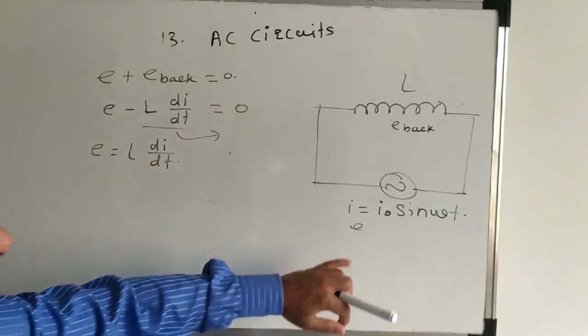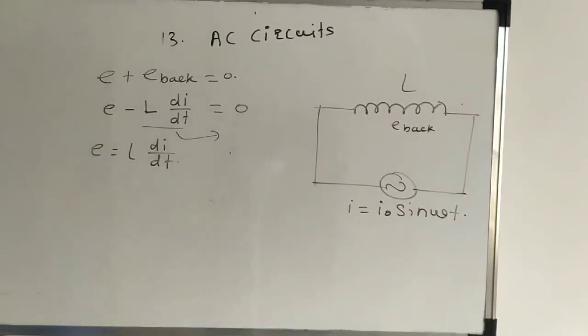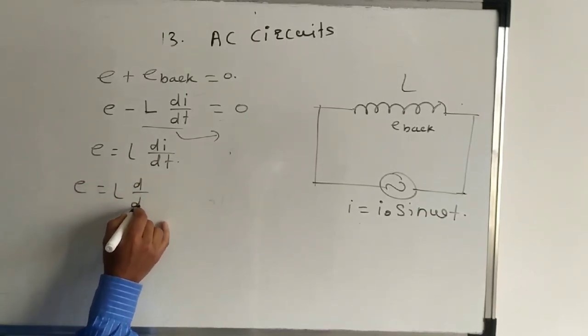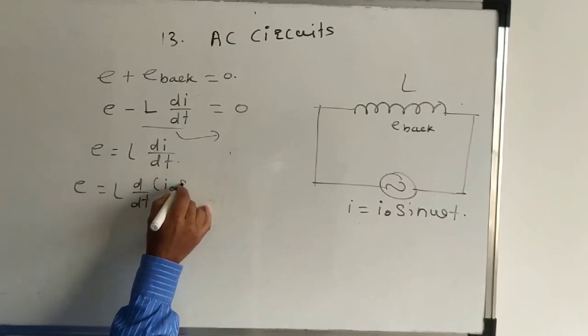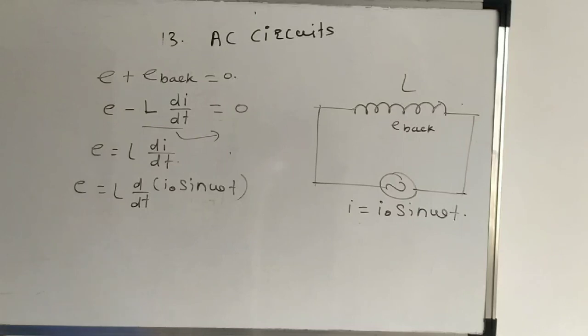But we have the value of the applied current here. If we put the value of current in this equation, then E equals L d by dt of I, where I is I naught sine omega t. What are the constant terms in this equation?